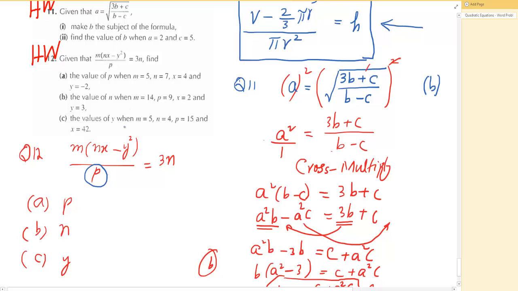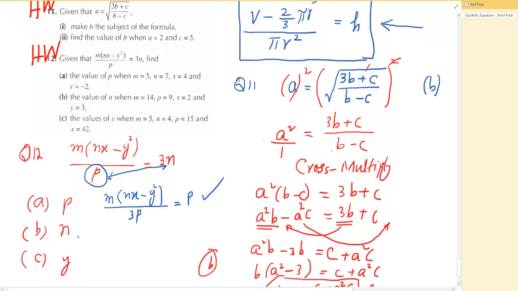Just shift these n with P over here and bring n over here. So the answer will be m nx minus y square, and this 3n will come over here and P will go over here. Look here, P is the subject now.